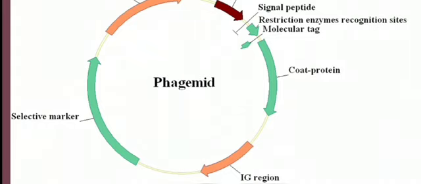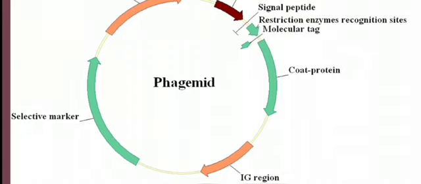These Phagemid vectors contain basic components: the replication origin of the plasmid, a selectable marker, and the intergenic region, that is the IG region. This IG region usually contains the packaging sequence, the coat protein sequence so that it can code for the phage coat proteins, and restriction enzyme recognition sites so that restriction enzymes can cut at that site.